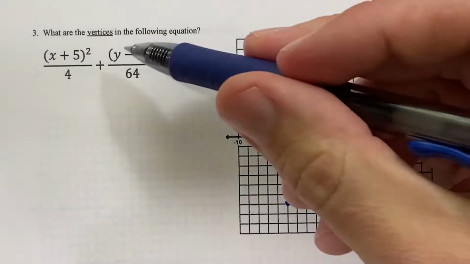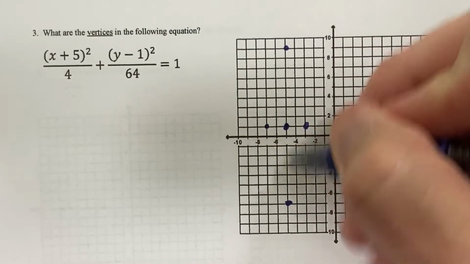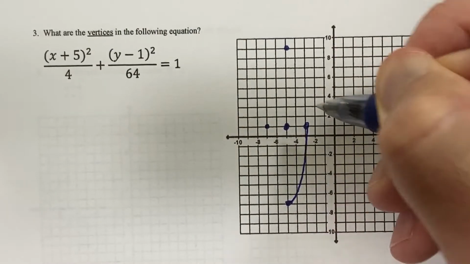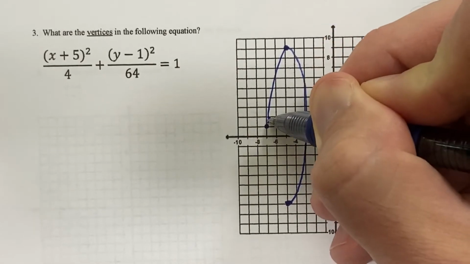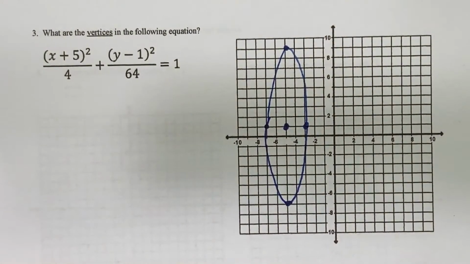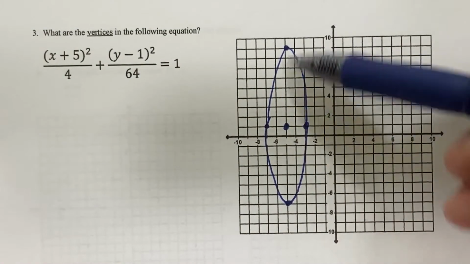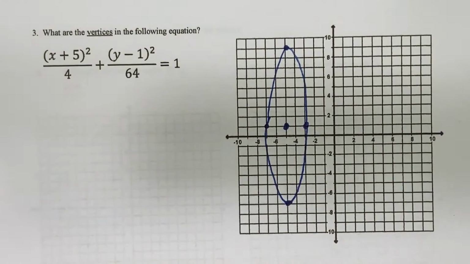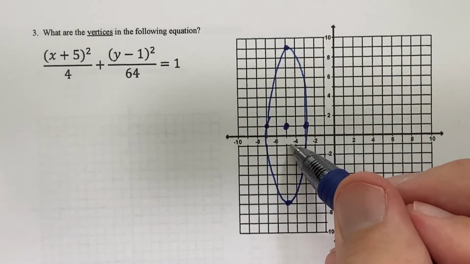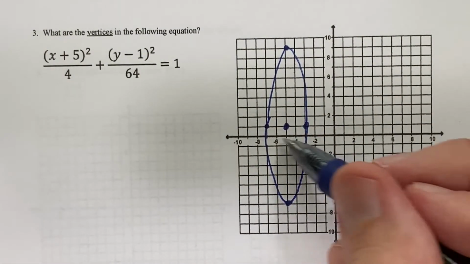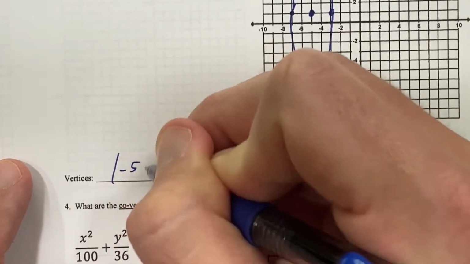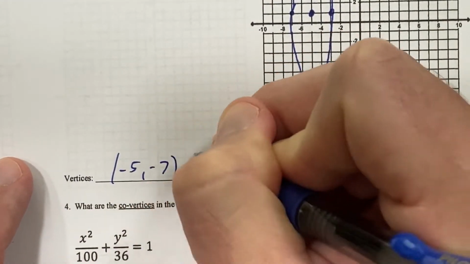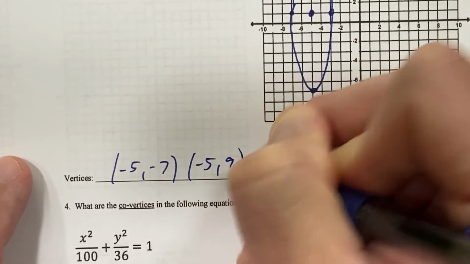And my vertices are on the major axis, that's the tall and skinny one in this case. So that would be -5, 9, and -5, -7.